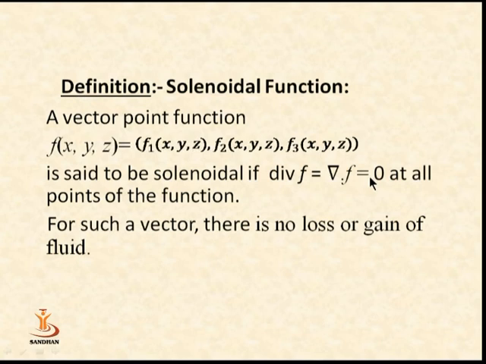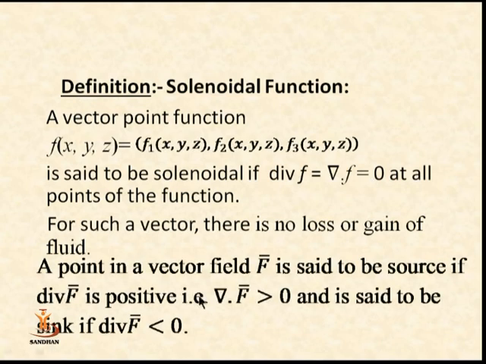But if the speed is greater than or less than that, then del dot f greater than 0 is called a source, and if divergence f is less than 0, then it is called a sink. Thus divergence is a very important function in physics and in our real life.